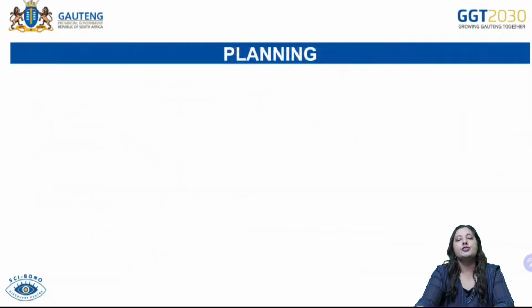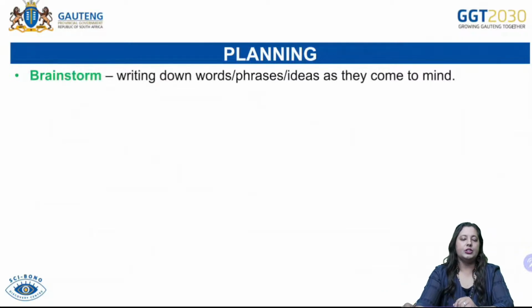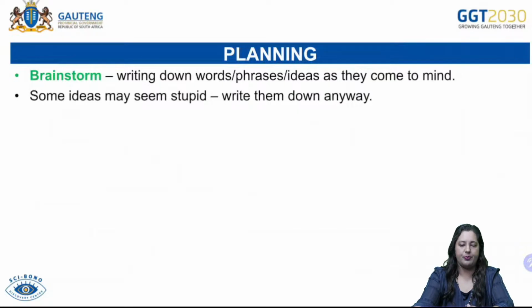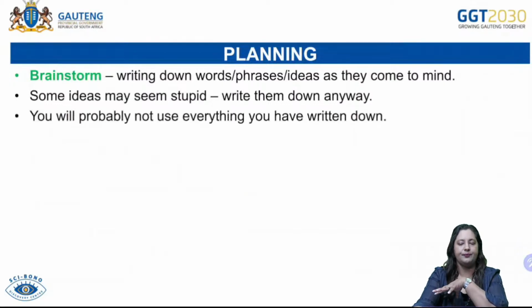All right, so let's break it down in terms of planning, all right? So with regards to planning, it's your brainstorming. You're writing down your words, your phrases, the ideas that come to your mind in terms of the particular topic. Now, at that point, remember, everything might sound okay and some things might sound stupid. It is fine. Just put it down because it's still your planning section.